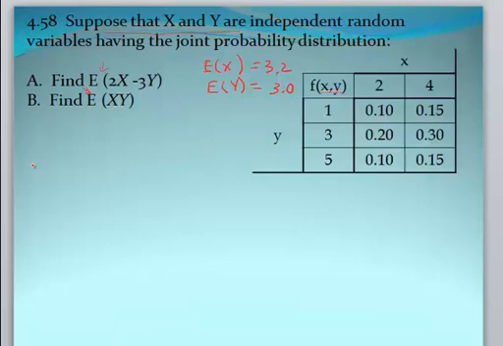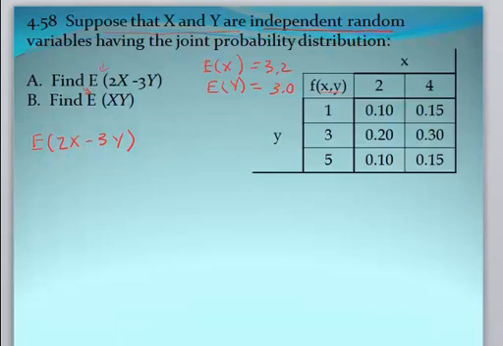So we can now say that the expected value of 2x minus 3y, which is what they're looking for right there, is just going to be equal to, now remember, it's independent random variables, so we can play this trick.